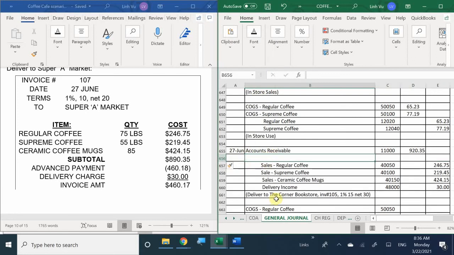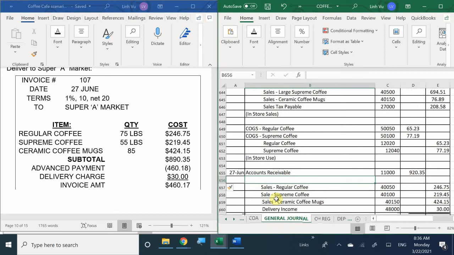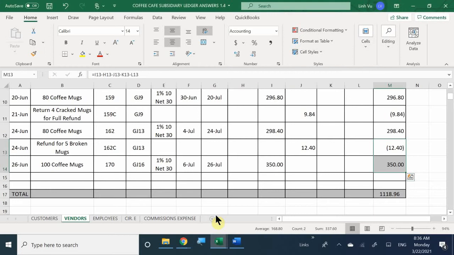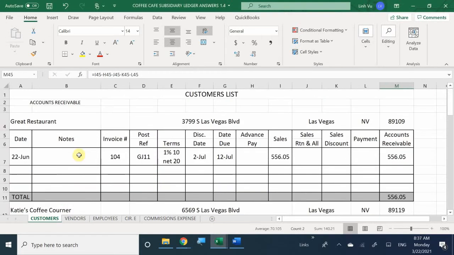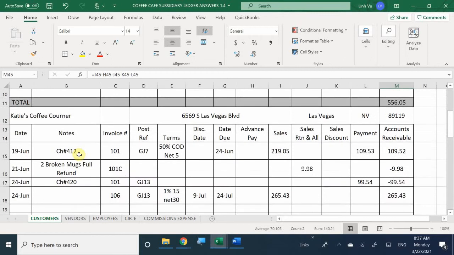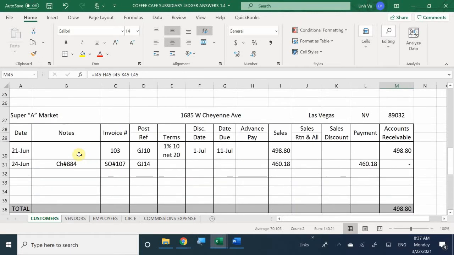Okay. So let's actually go ahead and take a look at Super A's information on the subsidiary ledger. Super A Market.